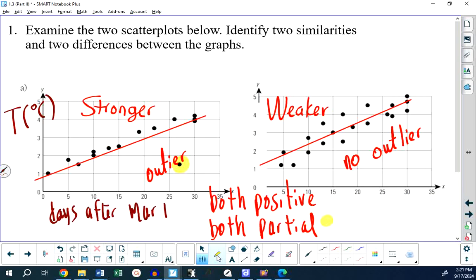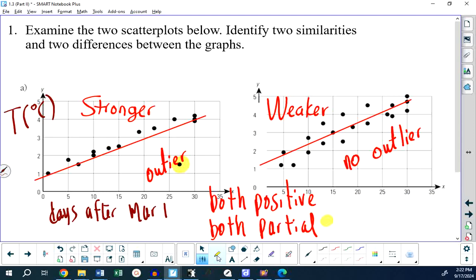And what happens is as you go past March 1st, the temperature is probably going to start rising. If you like, you can change it to April 1st. I'm not a climatologist, okay, but you get the idea. It could be that these are for different towns, and this is a town where all of a sudden there was this freak storm that came in.